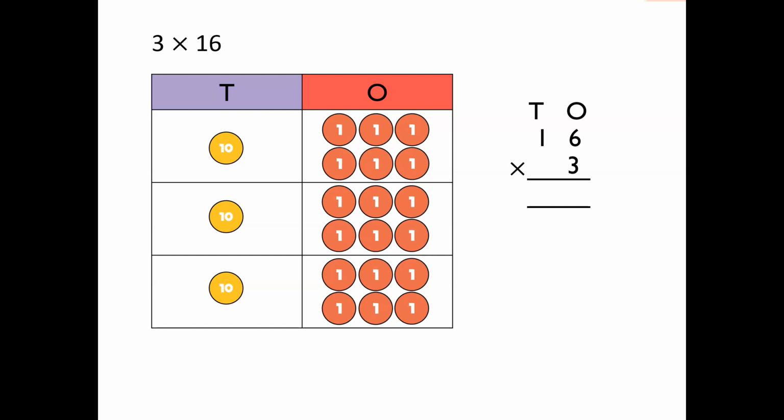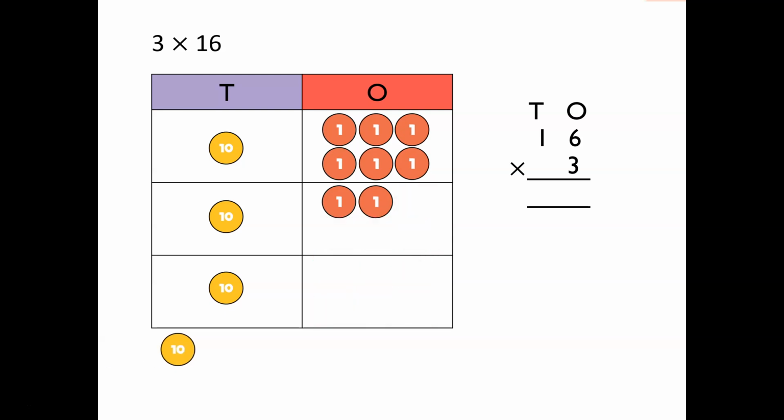We know that 10 of these ones need to be exchanged for 1 ten, just like this. I record that exchange in my written method just like this. I place a 1 beneath the line in my tens place. There are 8 ones left, so I'm just writing 8 in the answer space in the ones place.